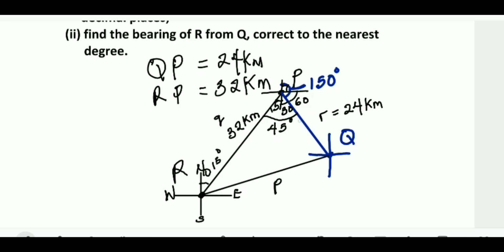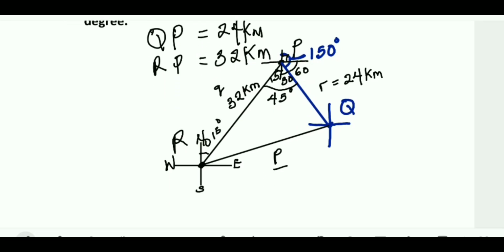Alright, so now let's find side RQ. I've called that P. In this question, I'm going to teach you how to use the cosine rule, because the best way to solve this is to use the cosine rule. Is that clear? Alright, so look at the cosine rule now.